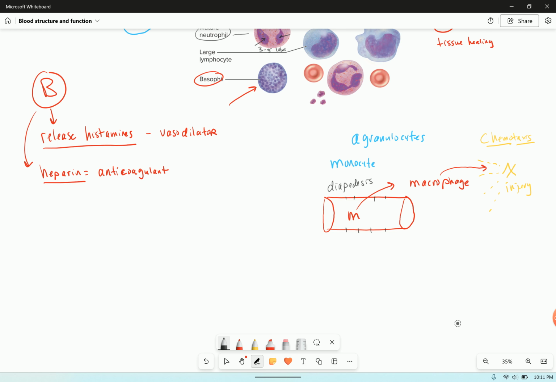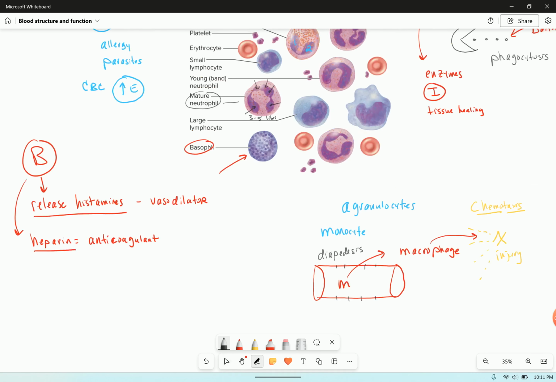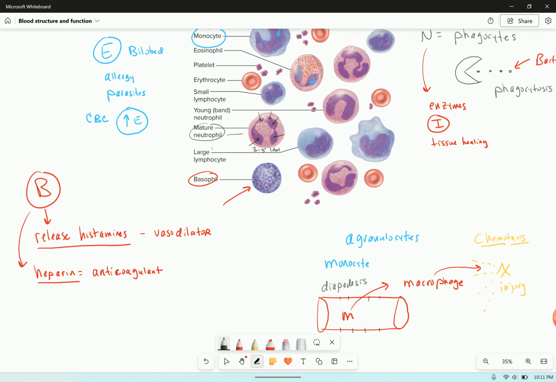Okay, then the last one is a lymphocyte. It is agranulated. So you can see the cytoplasm does not have granules, and you see a nice big nucleus. It's also the second most abundant white blood cell. If you go back to the never let monkeys eat bananas, so the N and the L, the L would be lymphocyte, so the second most abundant.